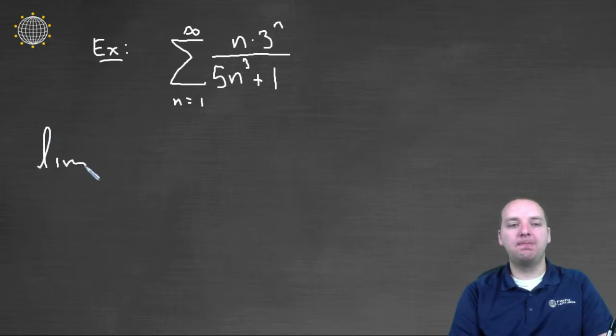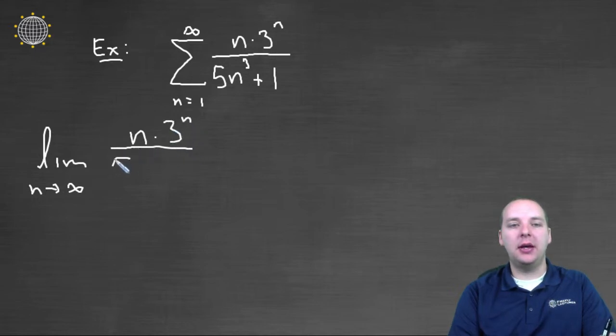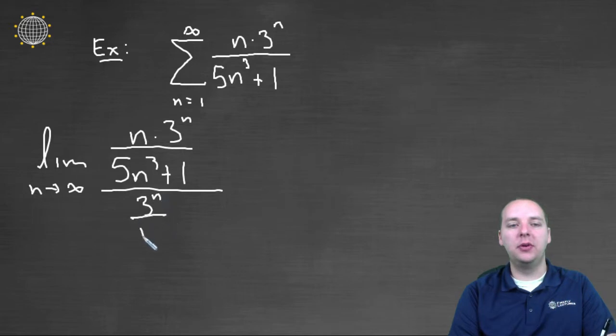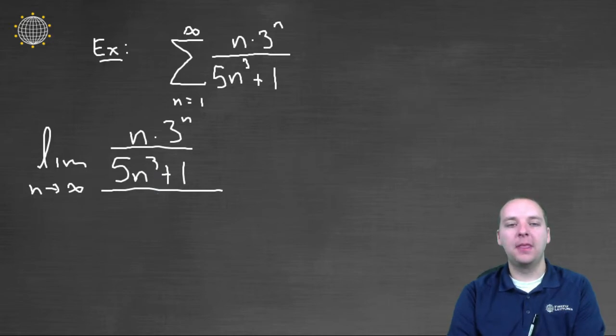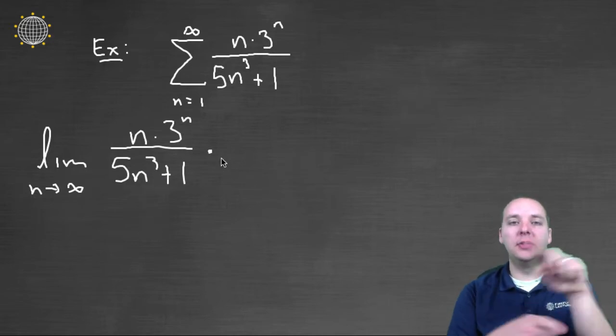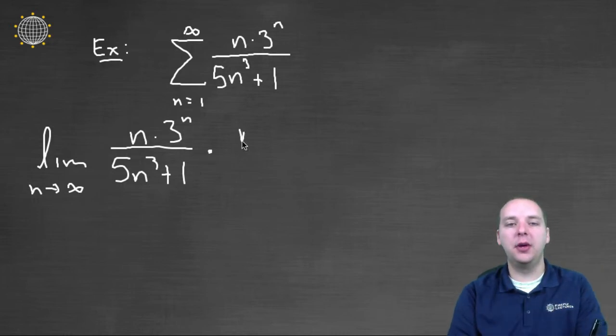We're going to take the limit as n approaches infinity of a sub n, n times 3 to the n divided by 5n cubed plus 1, divided by b sub n, which was 3 to the n over n squared. Now, rarely is this what we actually do because normally these have fractions, and so fractions divided by fractions would best be written as multiplied by the reciprocal. That would be a lot easier way of putting it. So let's write instead times n squared over 3 to the n.